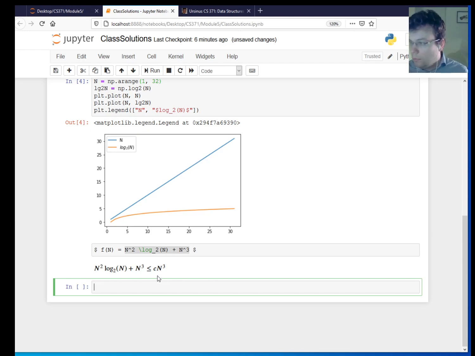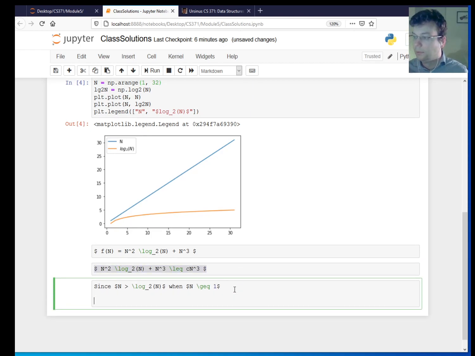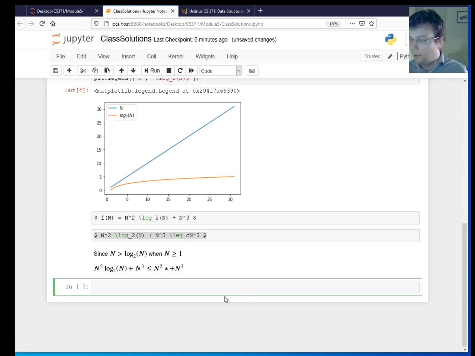So one thing I can say is since n is greater than log base 2 of n when n is greater than or equal to 1, then it's definitely true that if I take this original equation and I replace the log with an n, then this is true.